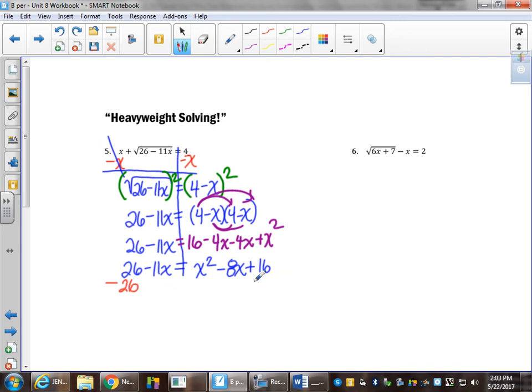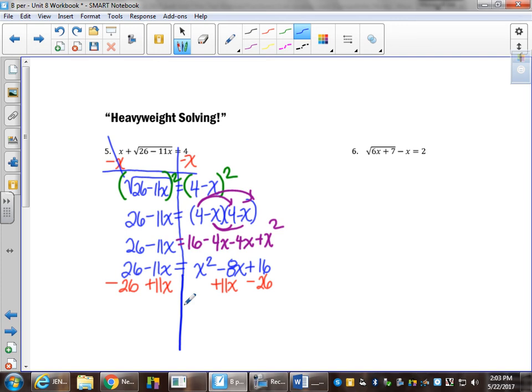And I'm going to make sure that I write it under what it is like terms with. So I choose to write minus 26 underneath the 16. I can also add the 11x. And you make a decision. Where does it make sense to write plus 11x on the right side? Underneath the minus 8x. Good.